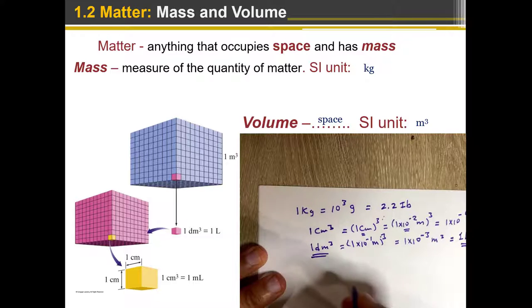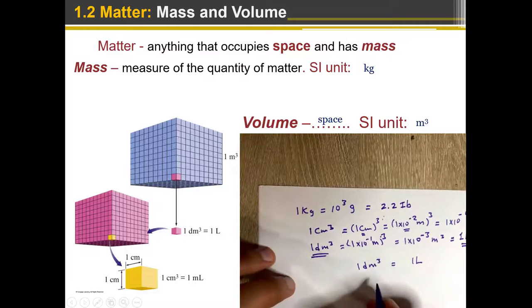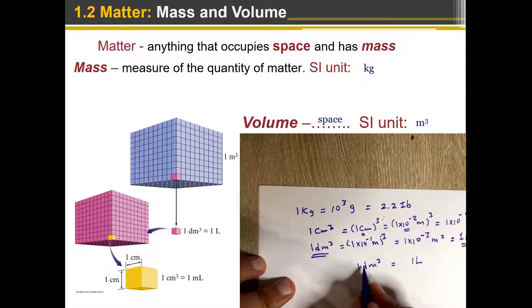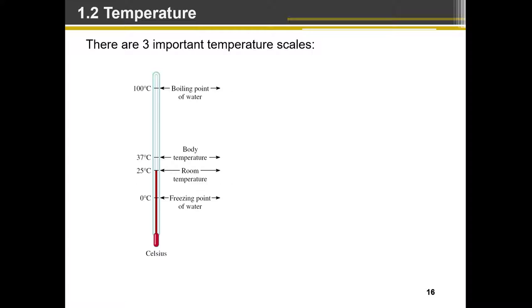And based on that fact, if we convert decimeter cubed to centimeter cubed, 1 decimeter cubed is going to equal 10 to the power 3 of a centimeter cubed, which is going to equal 10 to the power 3 of a milliliter, which means 1 centimeter cubed is the same thing as 1 milliliter.